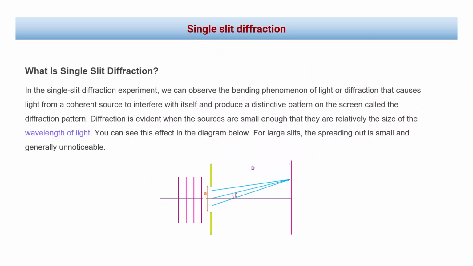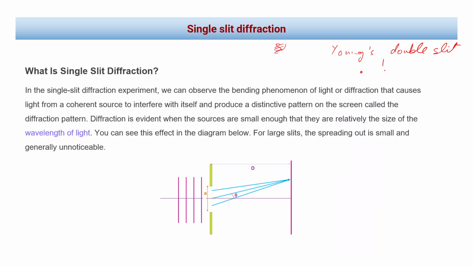Let's move to understanding the single slit diffraction phenomenon. Before this we had seen Young's double slit experiment. In Young's double slit experiment we had one source, and for interference we need two sources to give constructive or destructive interference to get the bright and dark alternating fringes.